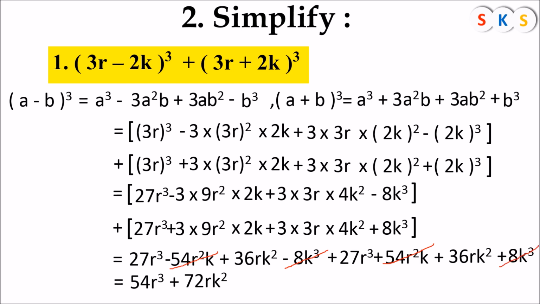So what is left now, 27r cube plus 27r cube will be 54r cube. Now 36rk square plus 36rk square equals to 72rk square. So we have simplified the first question of main question 2.